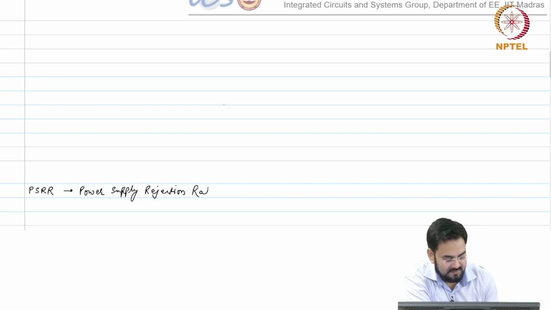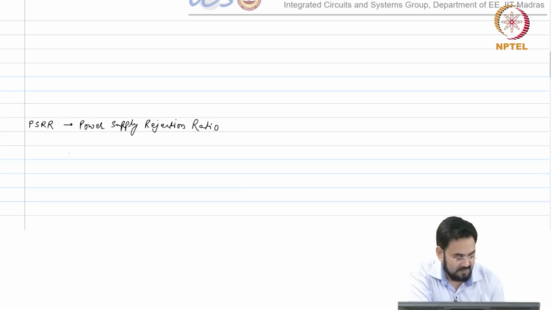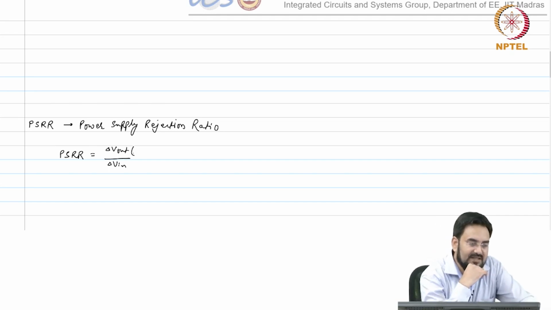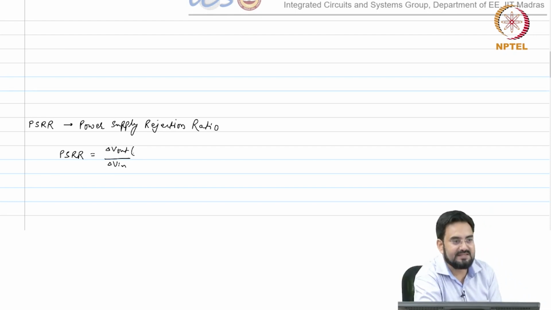Power supply rejection ratio. So, this is defined as PSRR equal to the change in output voltage, delta V_out, over delta V_in. So, what was this that we previously defined as delta V_out over delta V_in? Line regulation, but that was for DC.